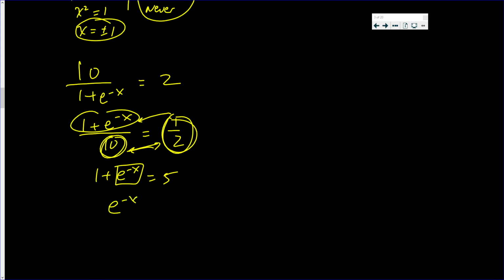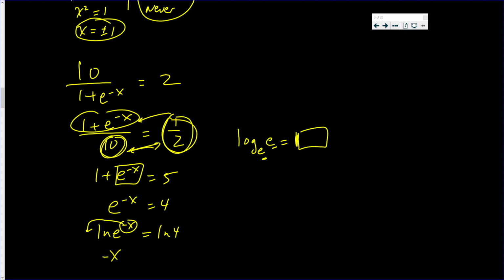So e to the negative x must be 4. If I take ln of both sides, the left side is just negative x, because the power comes in front, so you have negative x times the ln of e. But ln of e is 1. Log base e of e is 1. If these are the same, it's going to be 1. Why?